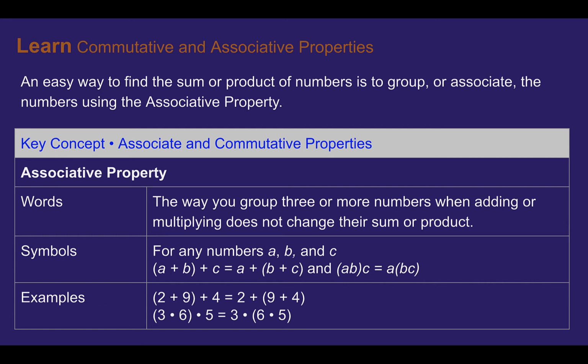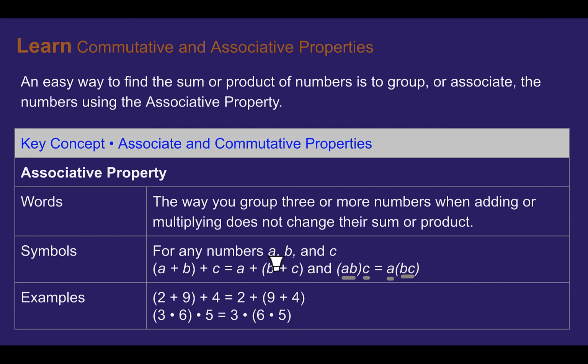So for example, if you had a plus b first and then added c, that would be the same answer as if you added b plus c first and then added a. Or multiplying, if you multiplied a times b first, then multiplied by c, or if you did b times c first and then multiplied by a, you're still going to get the same answer.